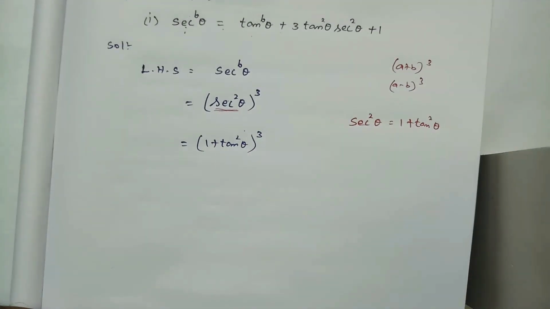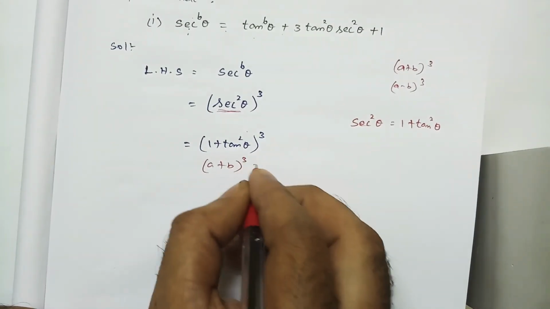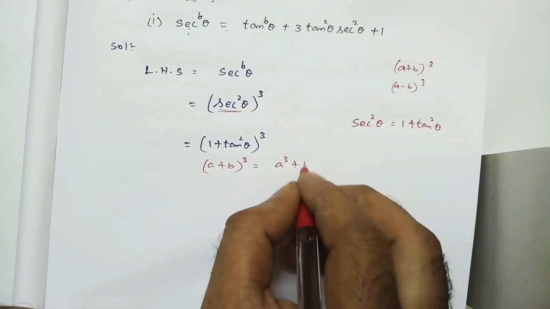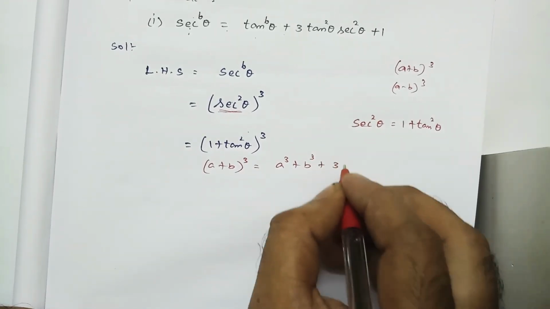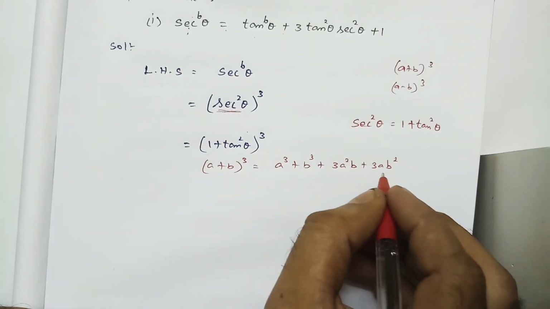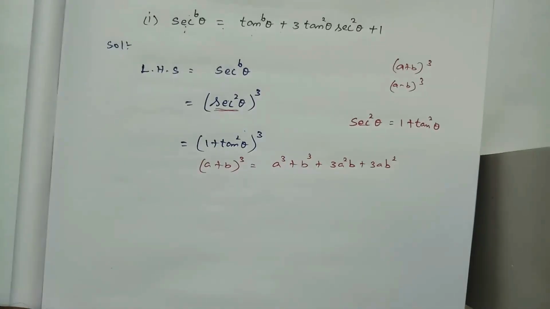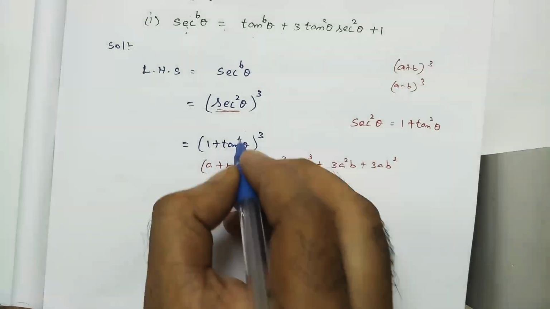How will it be? A plus b whole cube. So a plus b whole cube is equal to, what is the formula? a cube plus b cube plus 3a square b plus 3ab square. Here a equals 1, and b is tan square theta, not tan theta, tan square theta.